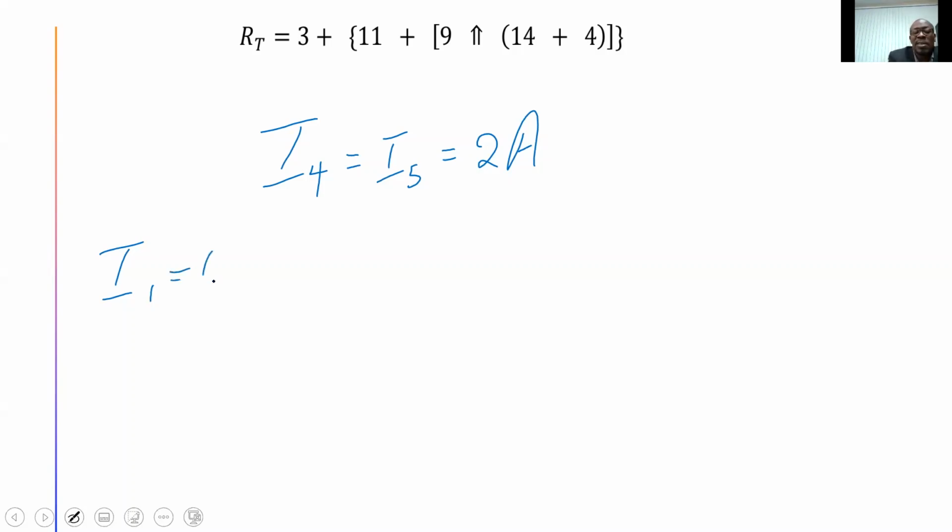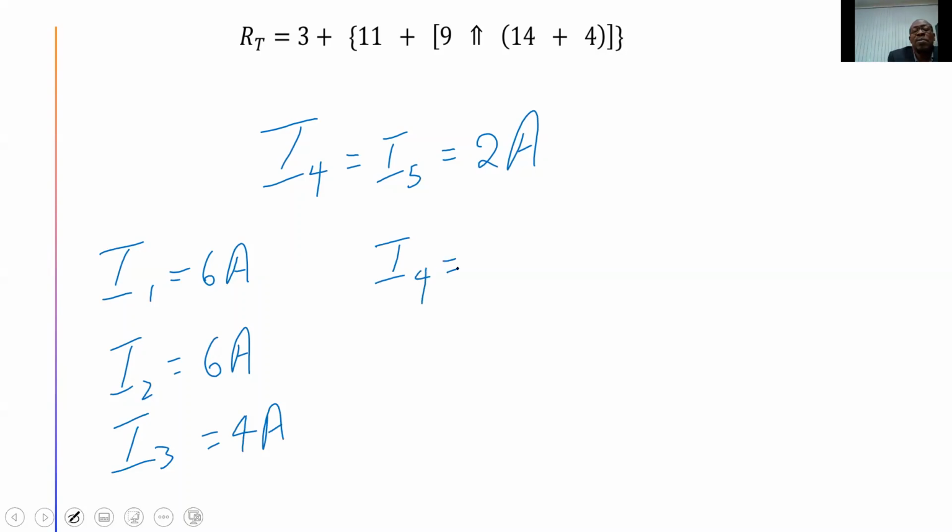I1, 6 amperes. I2, which is equal to I1, 6 amperes. I3, which is the current through the 9 ohm resistor, 4 amperes. I4, current through the 14 ohm resistor, 2 amperes. I5, current through the 4 ohm resistor, also 2 amperes. So now I have the current through all my resistors just by looking at the resistance equation.